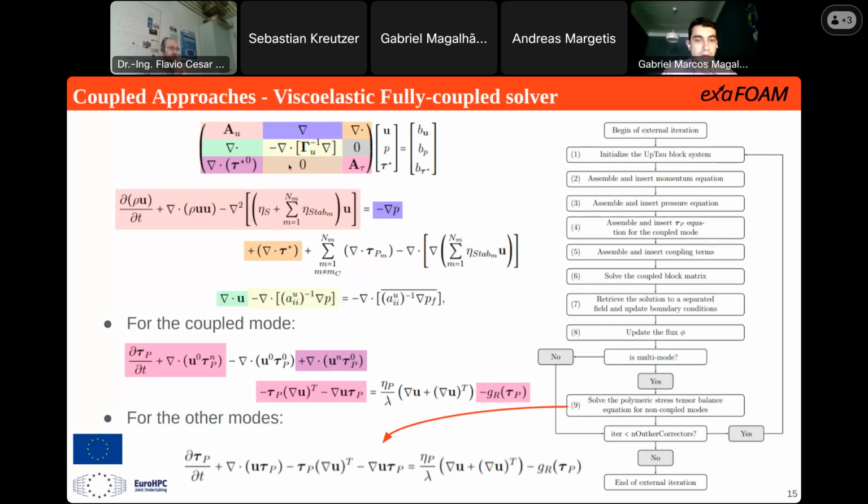The zero portions mean that we have no coupling between pressure and the polymeric stress tensor. But here, the solution of the polymeric stress tensor is divided. The first part is in step 4, where the coupled mode is assembled and inserted in the equation, and the other modes are solved in step 9. So here we are solving the number of modes minus 1.